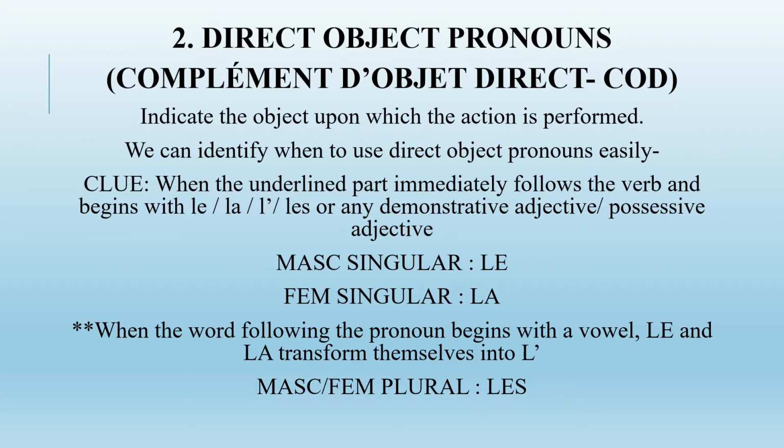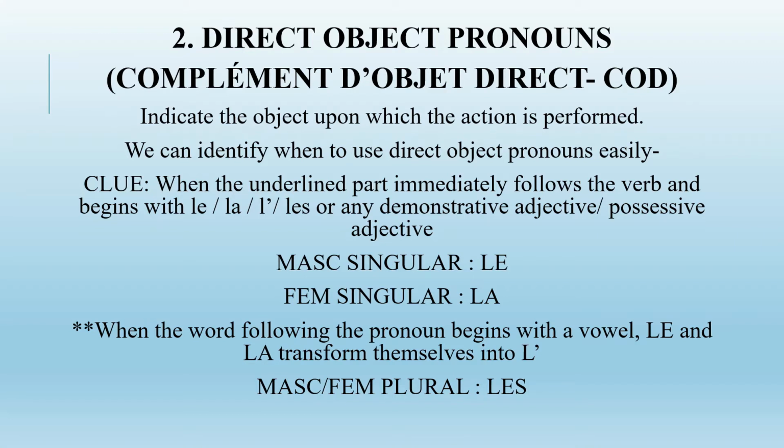Now I'm giving you a clue here on how to decide when you have to use a direct object pronoun. You'll use a direct object pronoun when the underlined part immediately follows the verb. That is the indication that it is the object. And it should begin with le, la, l' or les.